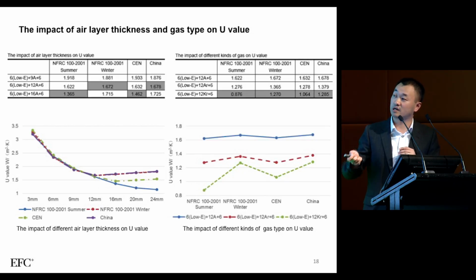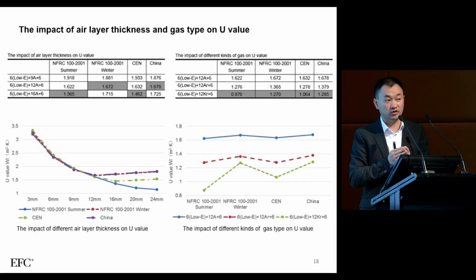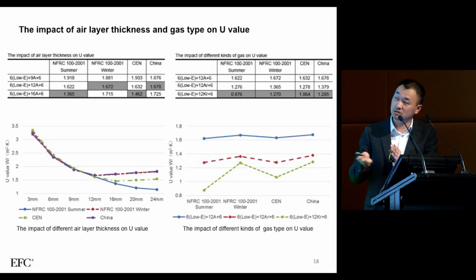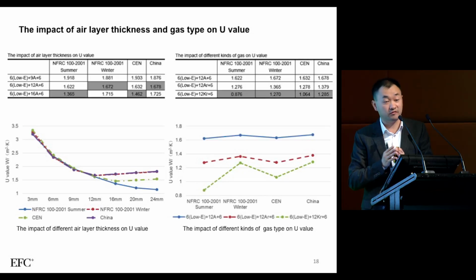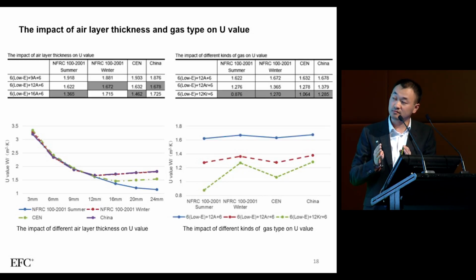But for the US code in wintertime and the Europe code and China code, they have a turning point here. So for the glass, it's not the thicker, the better. It looks like there is a turning point. So 12 millimeters for the air layer is a preferred option.